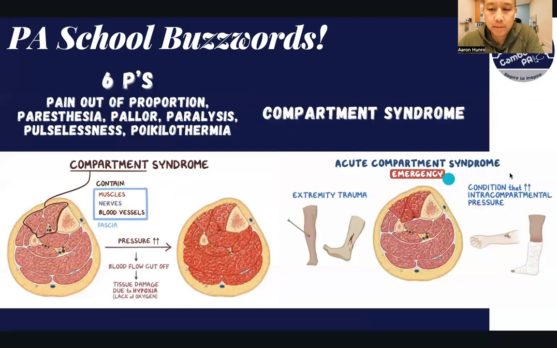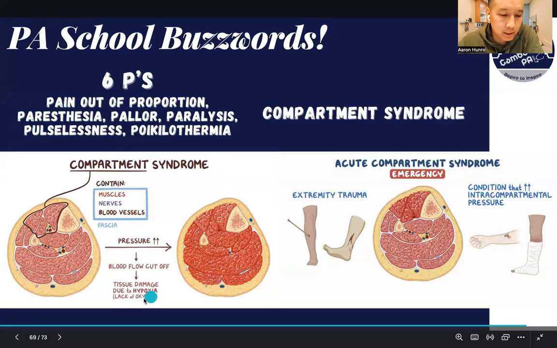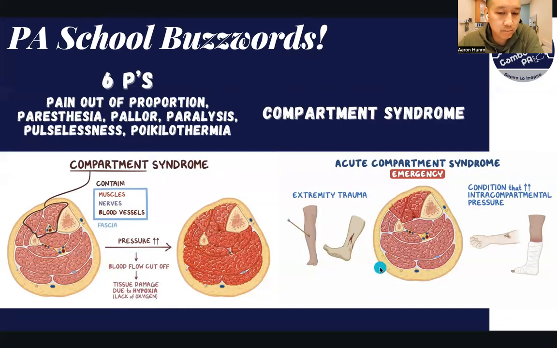And then this is the compartment syndrome. So this is the normal compartment, right? We have the bone right here. And then inside the compartment, we have the muscles, the nerves, and the blood vessels. However, if there's trauma to the bone or different compartments, there's an increase in the pressure, and it's compressing on all the different aspects of the compartments, which leads to tissue damage and lack of oxygen, and the patient can lose their leg.